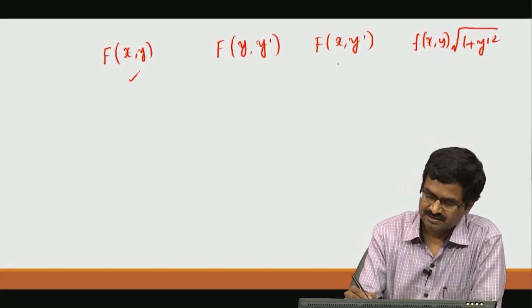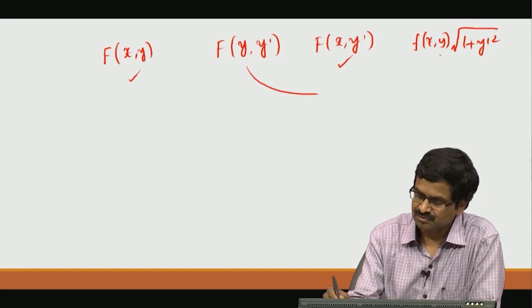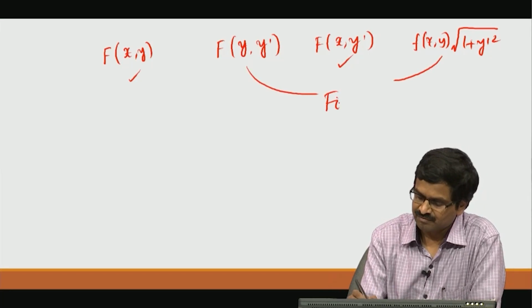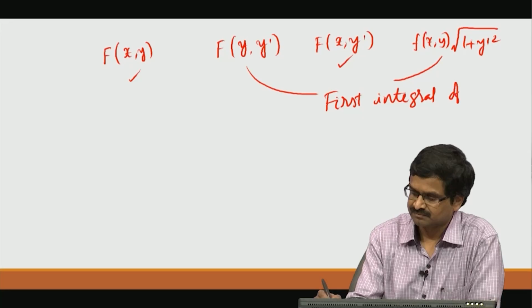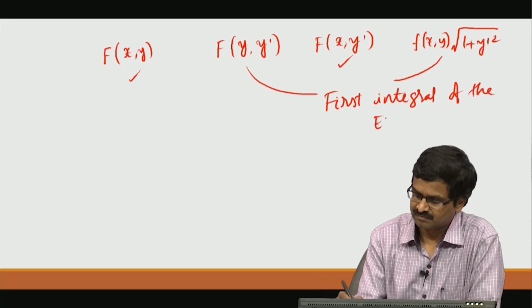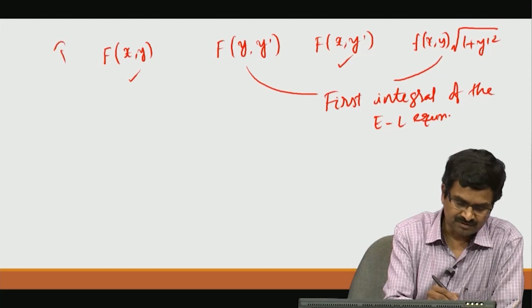This and this turn out to be rather straightforward, and these two lead to what is called the first integral of the Euler-Lagrange equation.